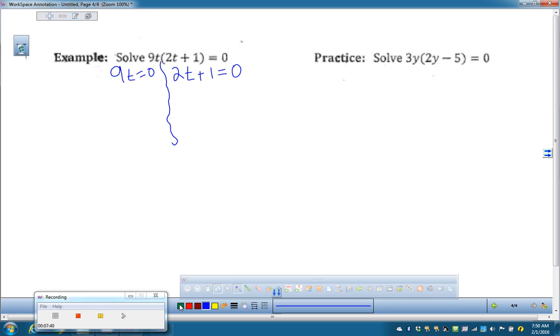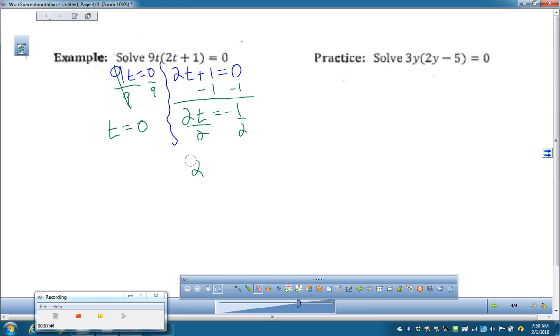I would divide both sides by 9, and 0 divided by 9 is just 0. That goes away, and I get t equals 0. In this case, I have to subtract 1. I get 2t equals negative 1. Divide by 2, divide by 2. I get t equals negative 1 half. All right.